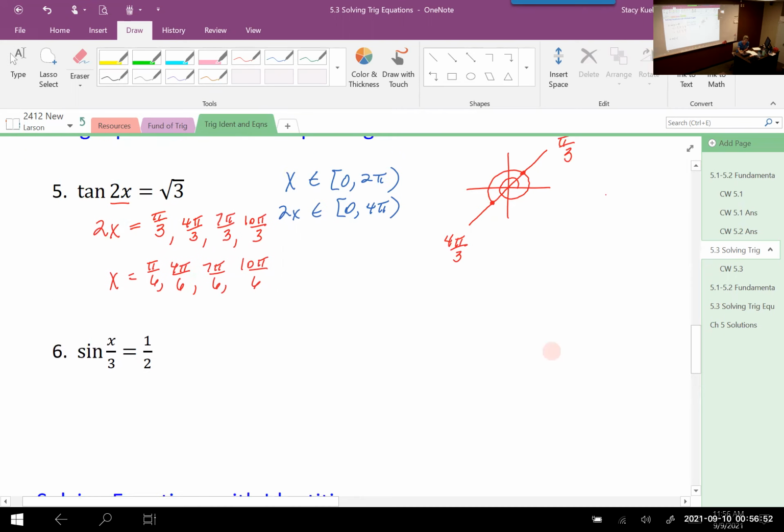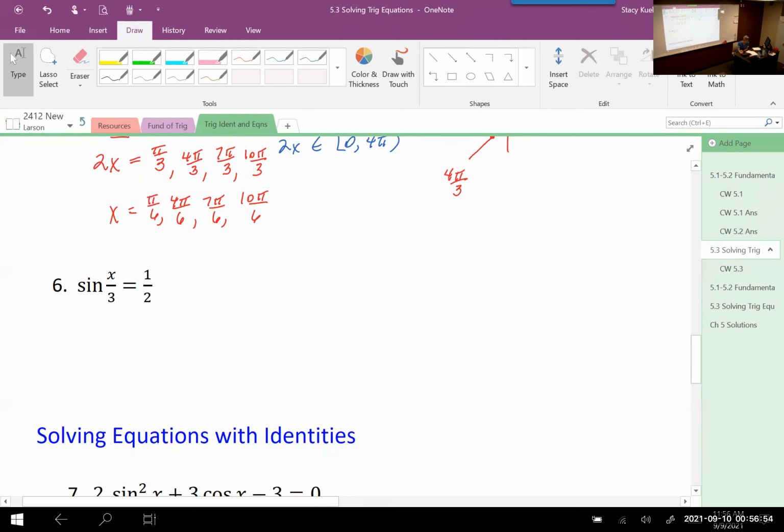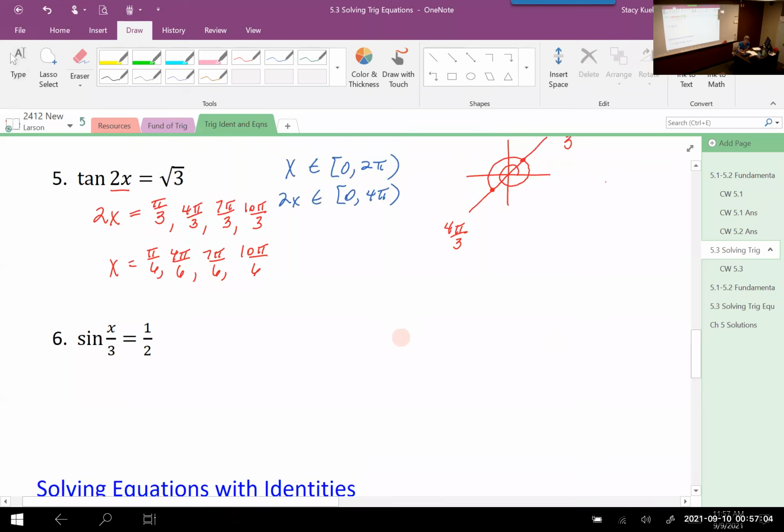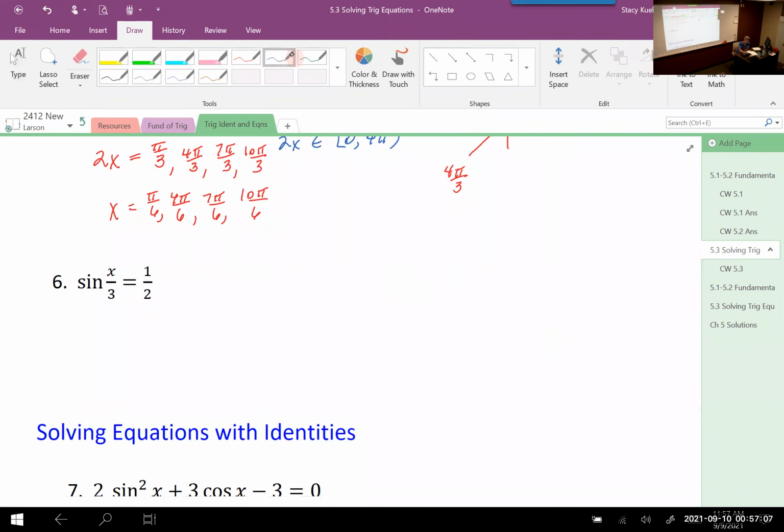Okay, now let's look at this next one. Well, let's talk about the domain. That would probably be the easiest. So again, I have restricted the domain so that I'm only looking at angles between 0 and 2 pi.